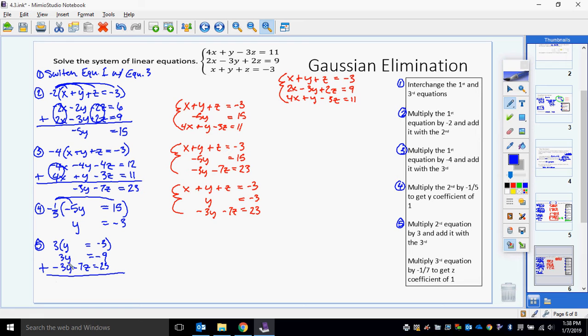Adding these 2 equations together, my negative 3y cancels just like I wanted it to. I have 0y plus negative 7z, so that's negative 7z. I have a negative 9 plus 23, so that would be negative 14. Sorry, positive 14.